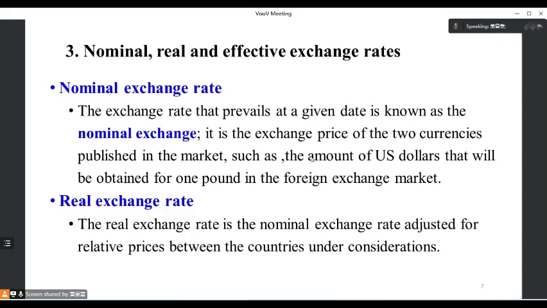It is the exchange price of the two currencies published in the market, such as the amount of US dollars that will be obtained for £1 in the foreign exchange market.